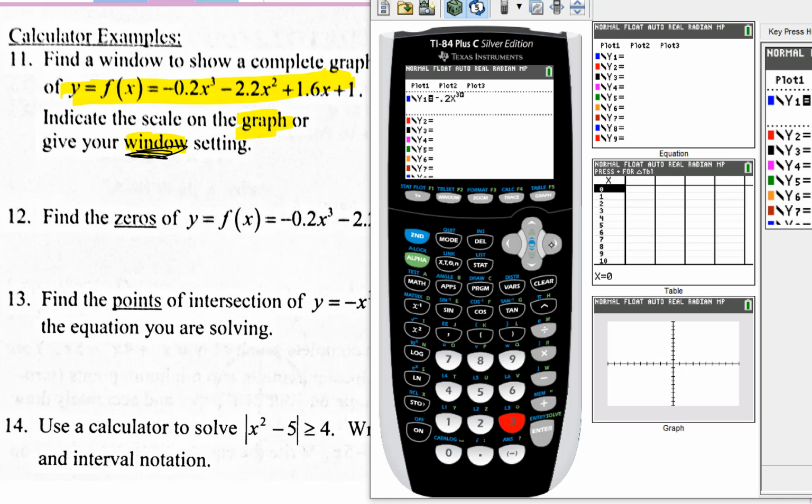You'll need to use the right arrow to get out of that exponent, minus 2.2 x squared plus 1.6 x plus 1. To graph it, we'll press the graph button in the top right corner.